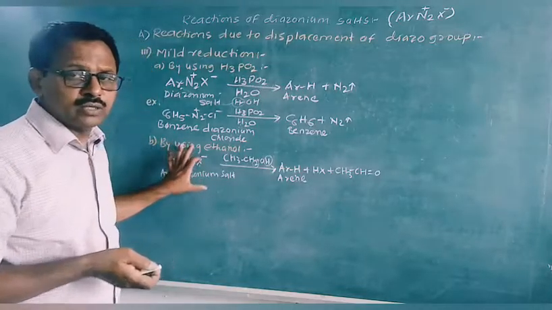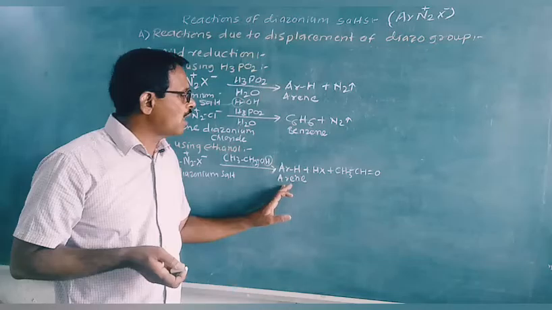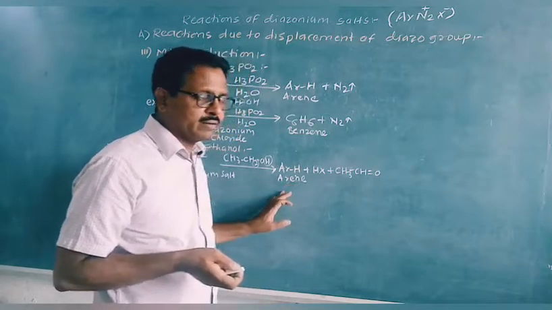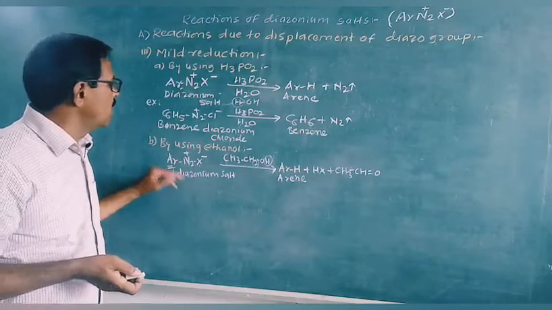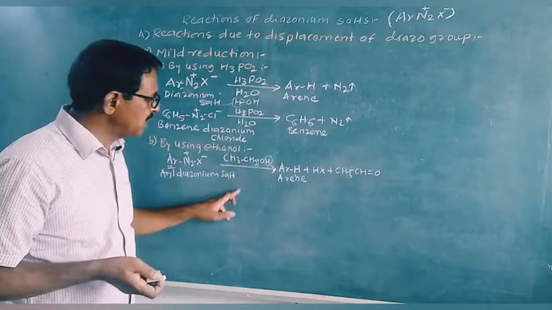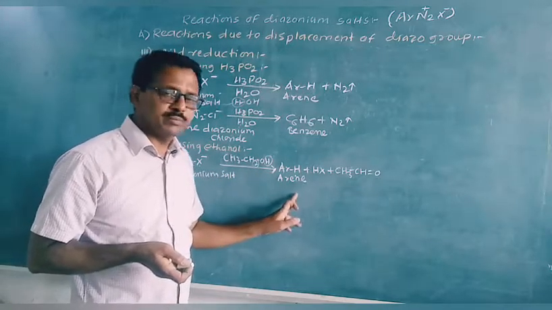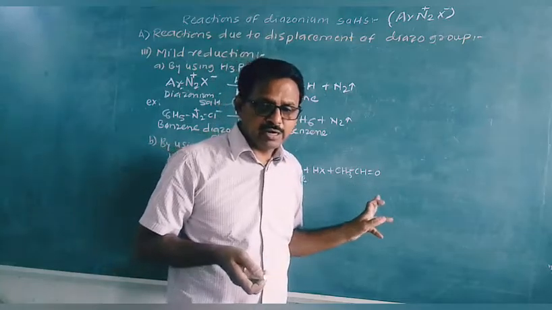When arene diazonium salt is reduced by using ethanol, then arene is obtained. Suppose for example, you have to write: C6H5N2Cl in the presence of ethanol is getting reduced into C6H6, means benzene, plus HCl plus acetaldehyde.